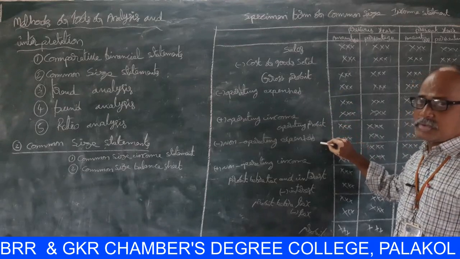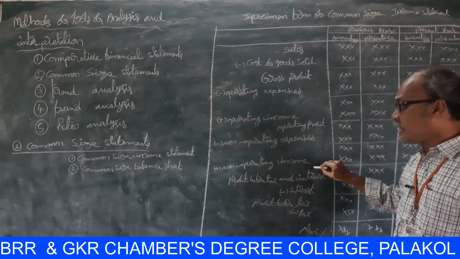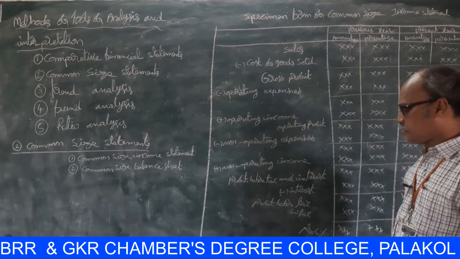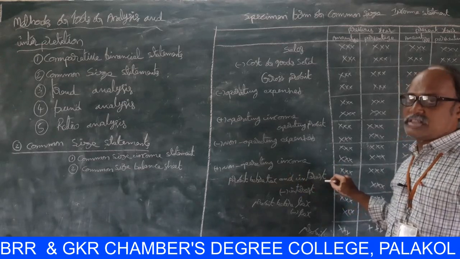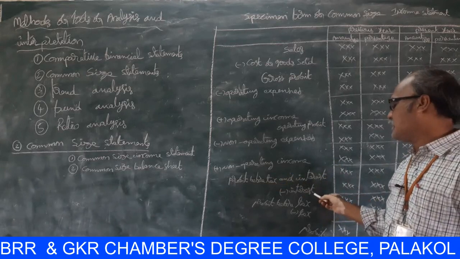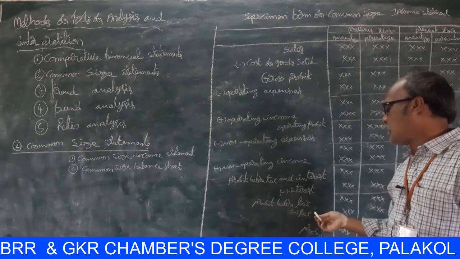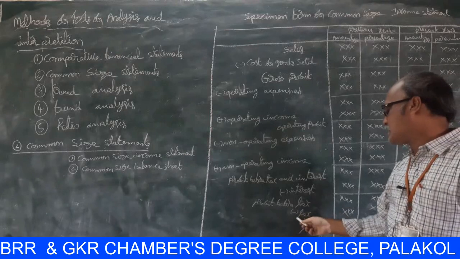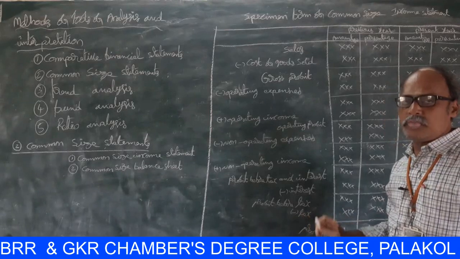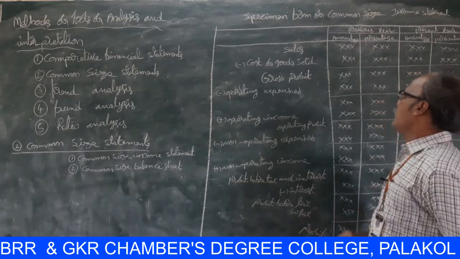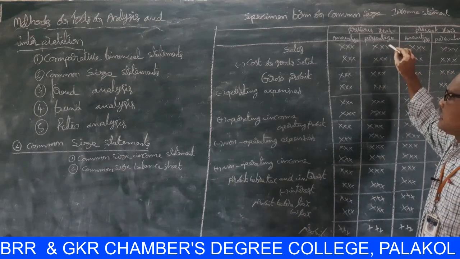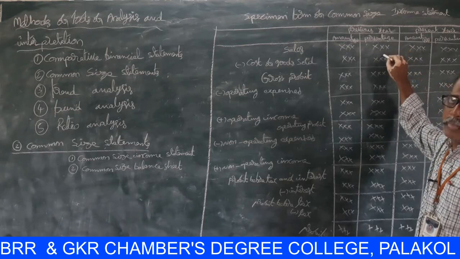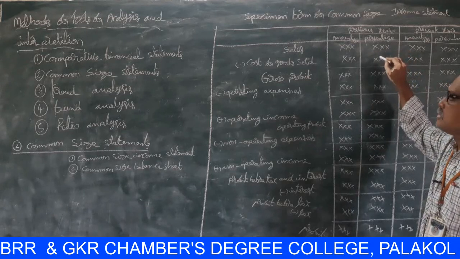Less operating expenses, add non-operating income, then we find profit before tax and interest. Next, less interest, then we find profit before tax. Less tax, then we find the profit. Okay, amount, next percentage.